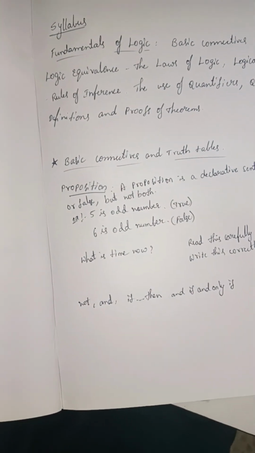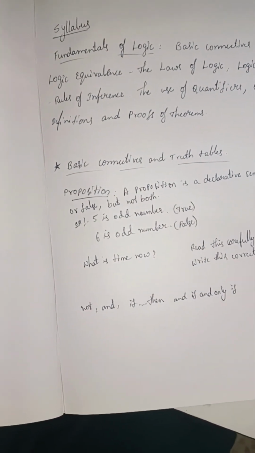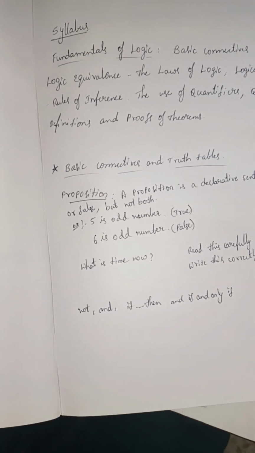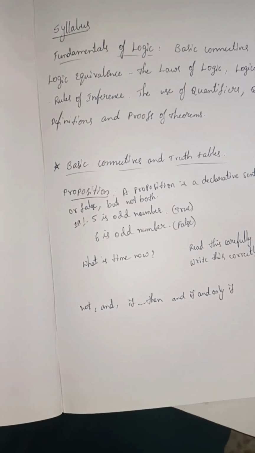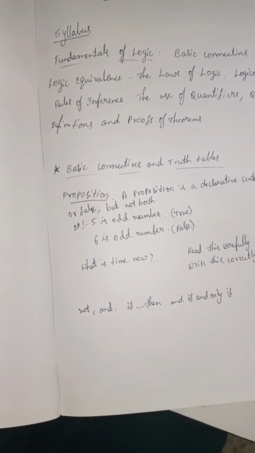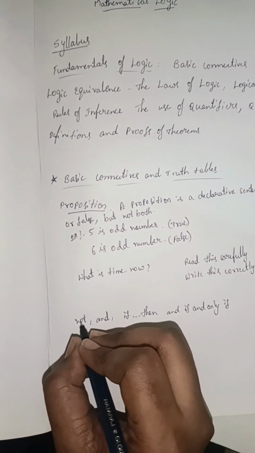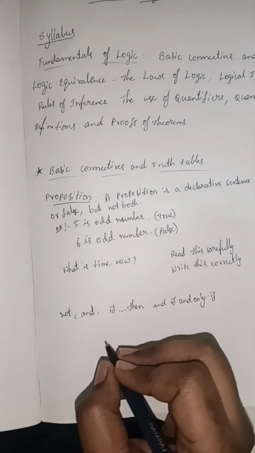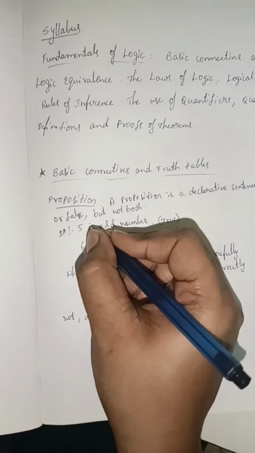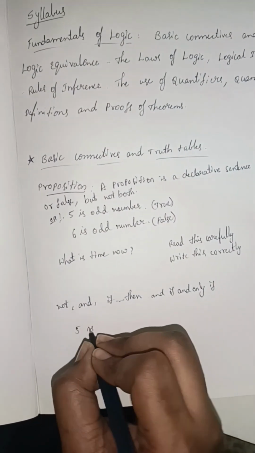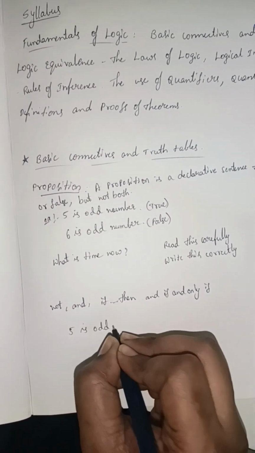For example, first we see the not. 5 is an odd number.